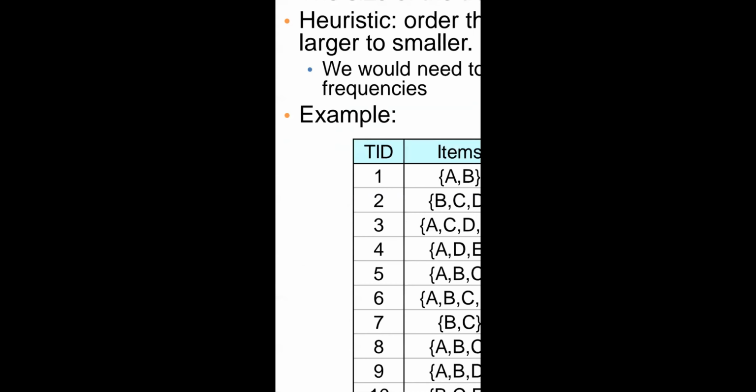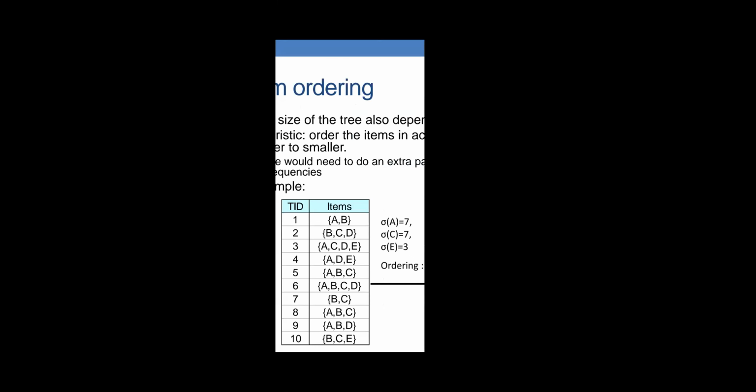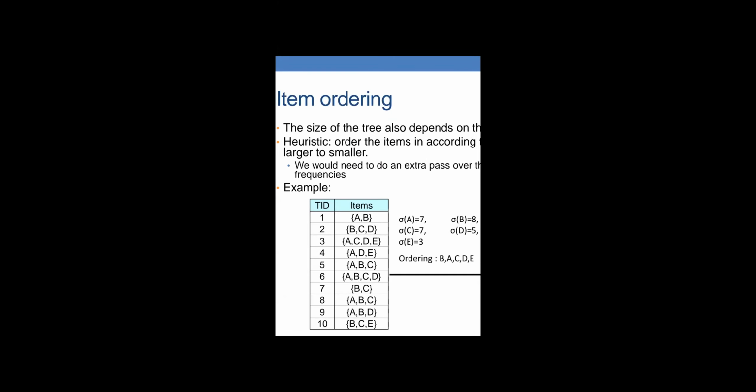So now we have to represent the item ordering. How can we order the items? See here, the size of the tree is also depending on the ordering of the items.